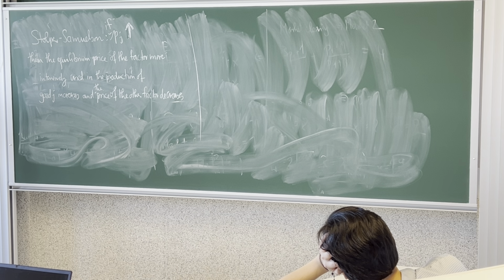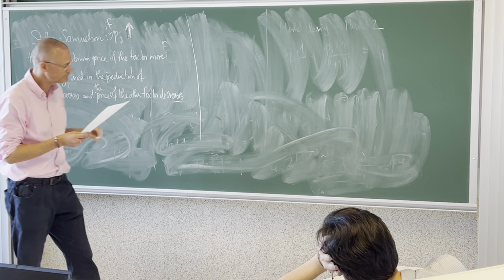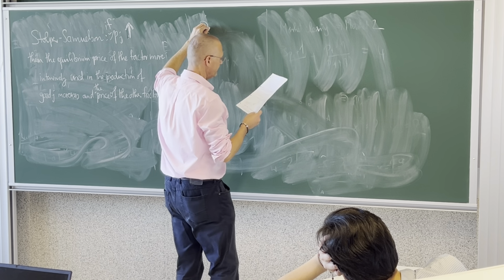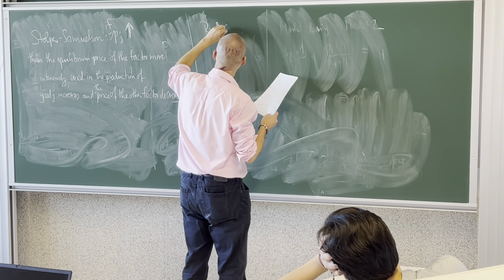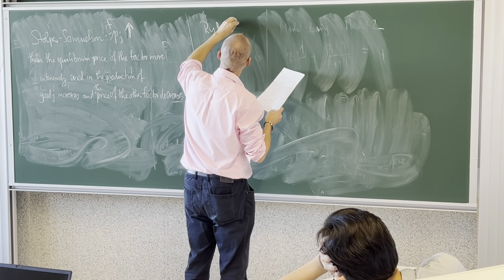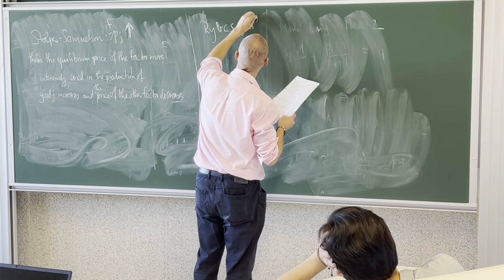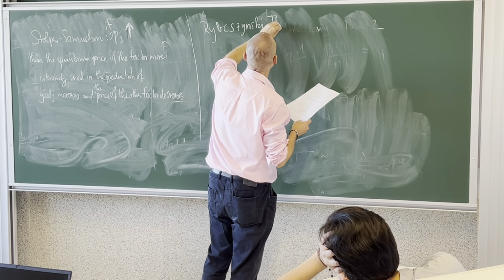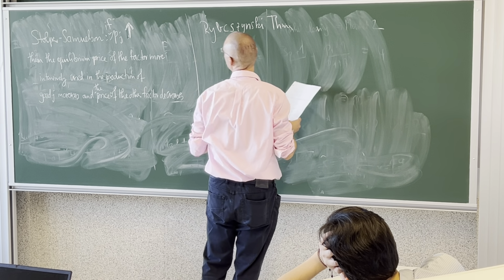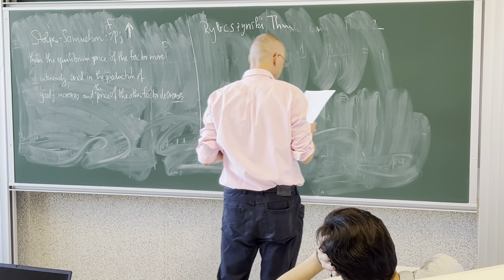And the other model, so there are 2 more which I'll show you. One is Rybczynski. Okay. This is how the guy is called, Rybczynski theorem. What does this say?